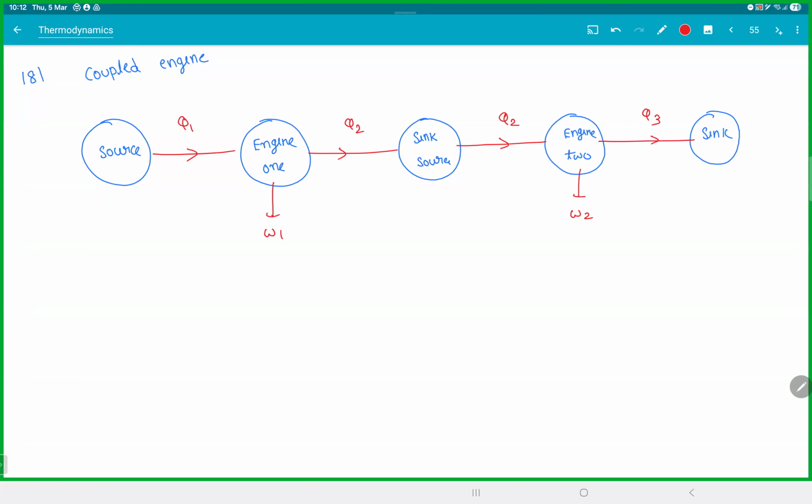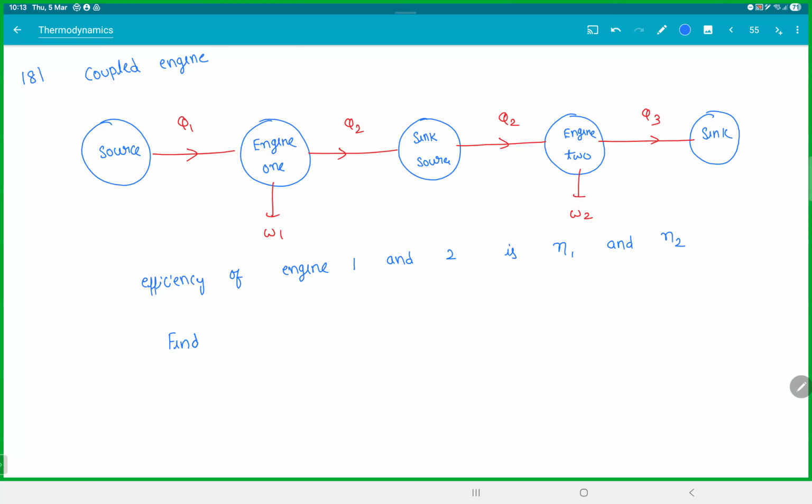Again, Q1, Q2, Q3 are not given, okay? I'm just showing you. Efficiency of the first engine is eta 1, and efficiency of the second engine is eta 2. Find the efficiency of this whole system. So each engine efficiency is eta 1 and eta 2.